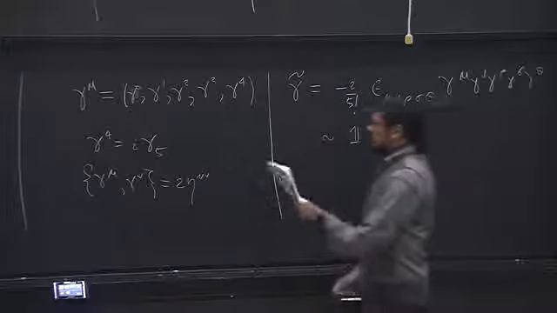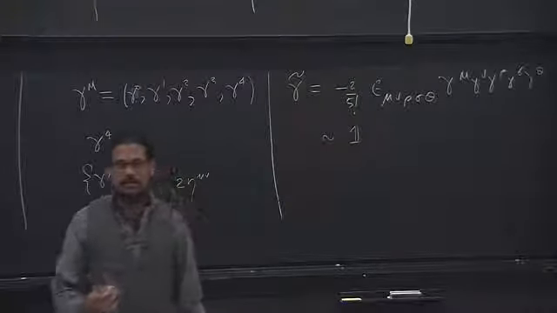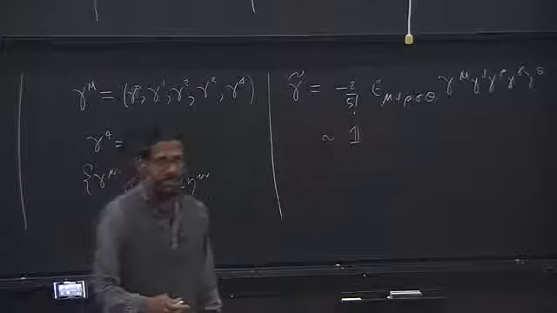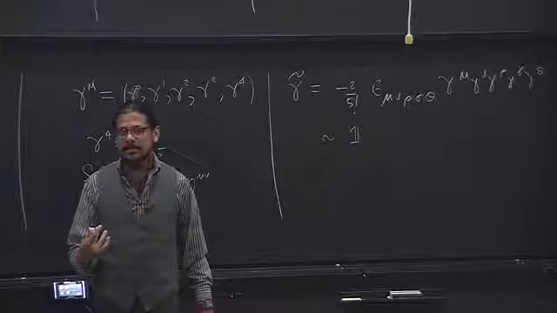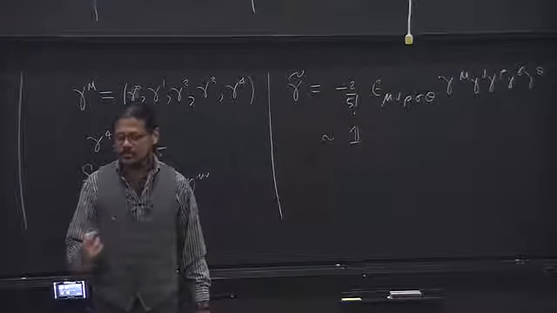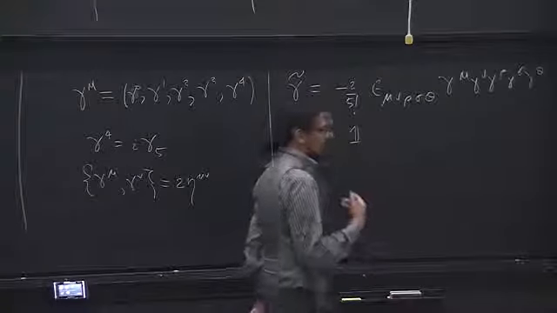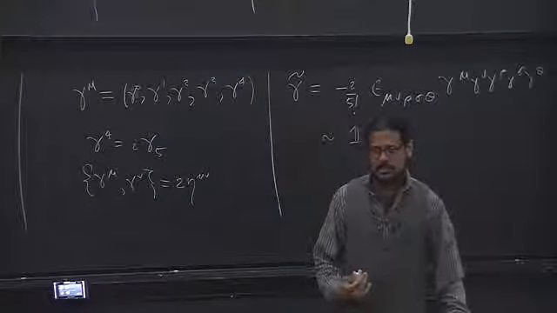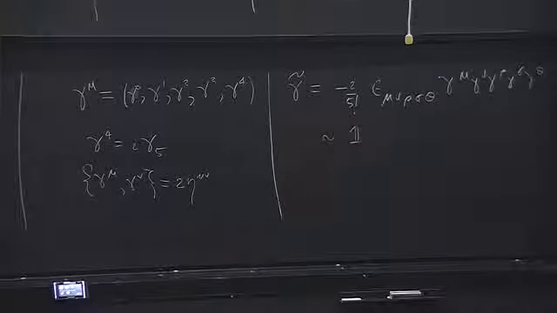In other words, in 5 dimensions, you cannot construct the analog of gamma 5, and the Dirac representation in 5 dimensions is actually not reducible. Okay. What about the dimensionality of the Dirac representation? The dimensionality of the Dirac representation in 5D is the same as in 4D.